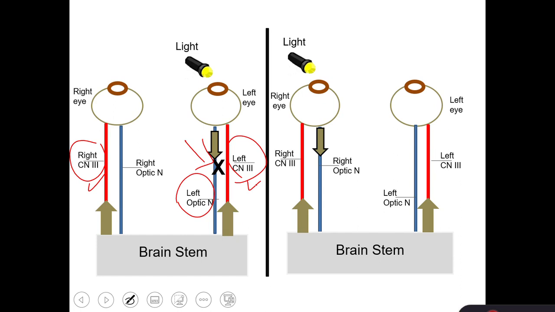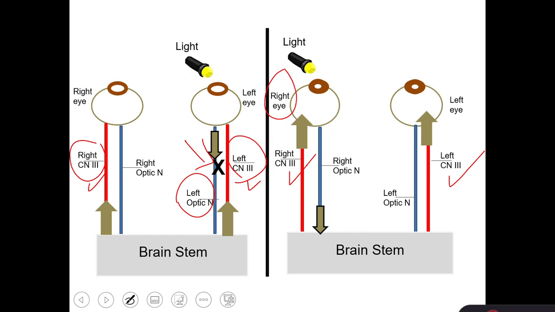You do that on the other eye, which is here the right eye. Then here the right optic nerve is able to get the signal to the brainstem, and now both pupils constrict. This means that the oculomotor nerves are okay, and the issue is here in the left optic nerve.